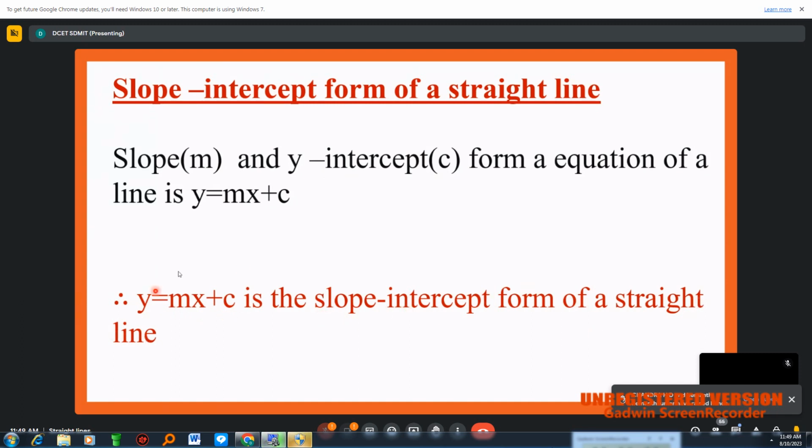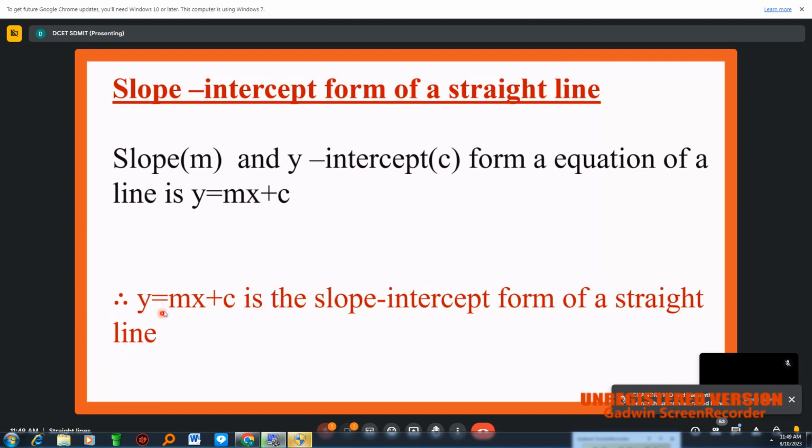So you can get questions from this part such that they can give the slope value and they can give the intercept value. You should find the equation, which means in this equation you need to substitute the values of m and c. Then you will get the equation of the line. So it is clear. This equation you should know: y is equal to mx plus c.